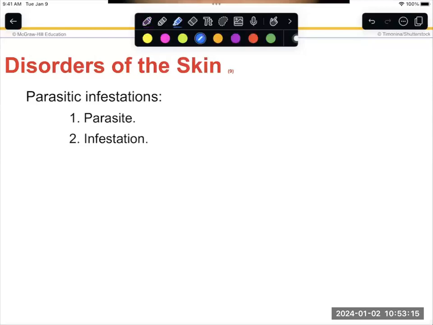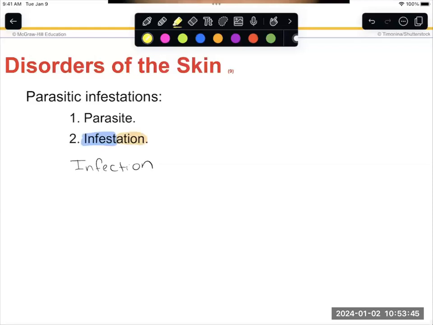So let's look at infestation. Our root word is infest, which means invade. Ation is that suffix, which means process. We also have the word infection.